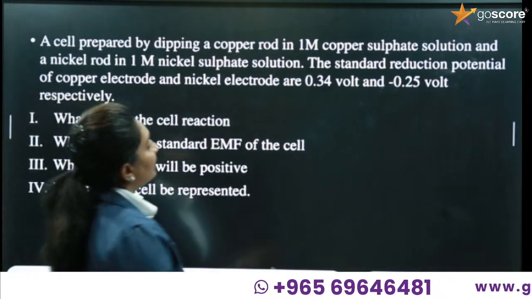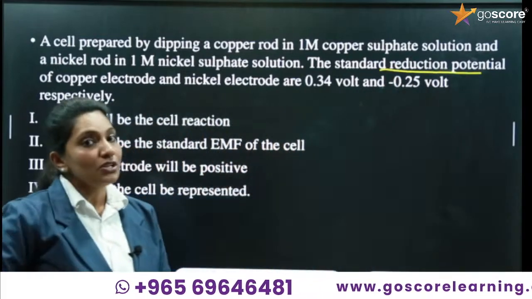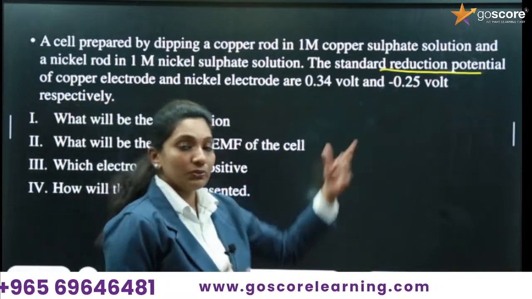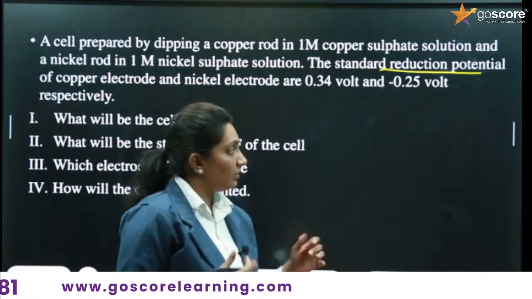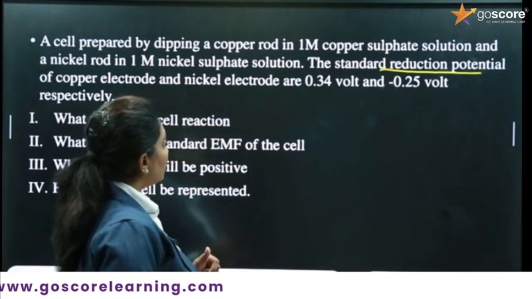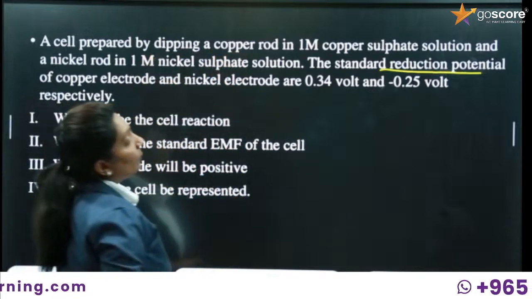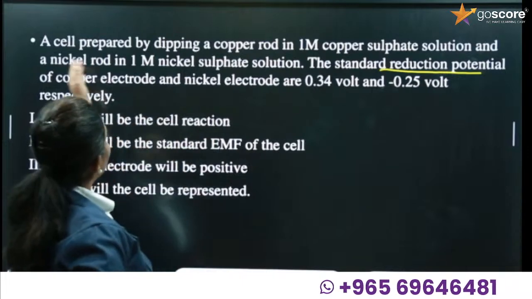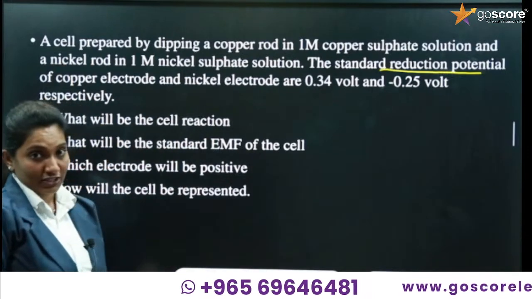Okay, so here they have given the standard reduction potential directly. So no need to change the sign of the potential. You can use E naught cell is equal to E naught cathode minus E naught anode directly using these values.